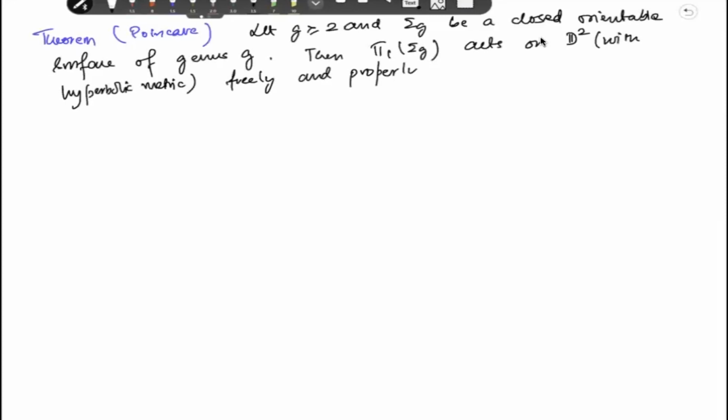Freely means it does not have any fixed points. Once you prove that it has a covering space action, the action is automatically a free action. Hence, pi 1 of sigma g is a quotient group.